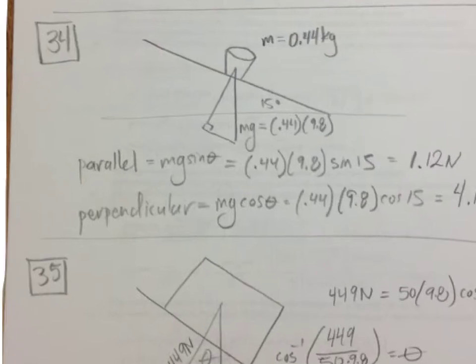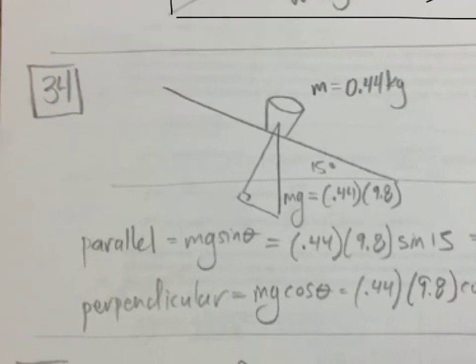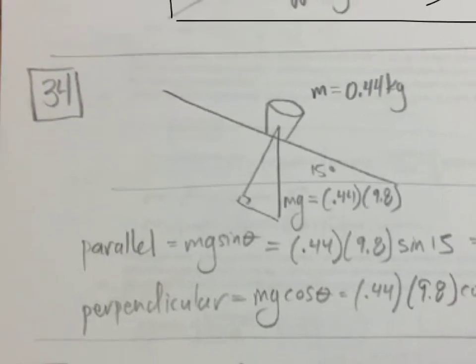So, this is definitely a block and inclined plane type situation. Here is our table, here's our cup of lemonade, and 15 degrees with respect to the horizontal. Weight pulls straight down, and we make this triangle where one side is parallel to the plane and the other is perpendicular. You do that always. If this angle is 15 degrees, this angle is going to be 15 degrees.